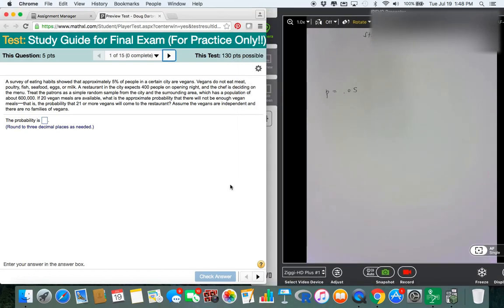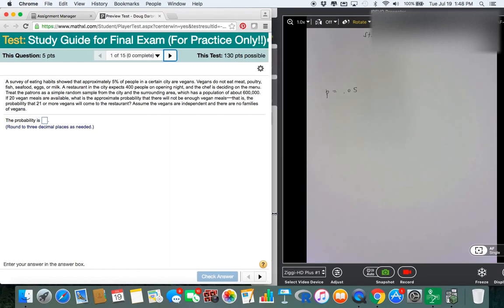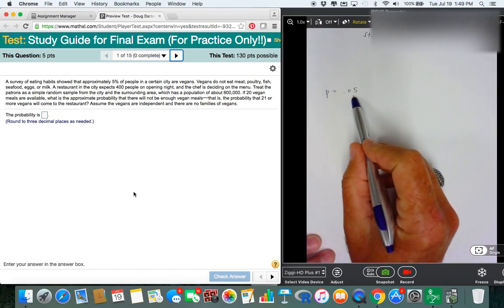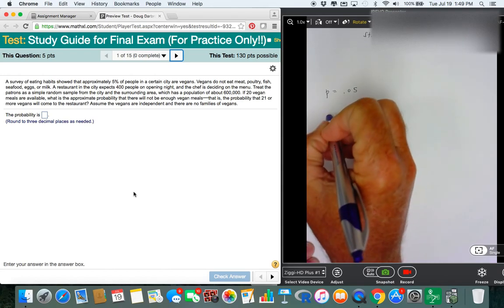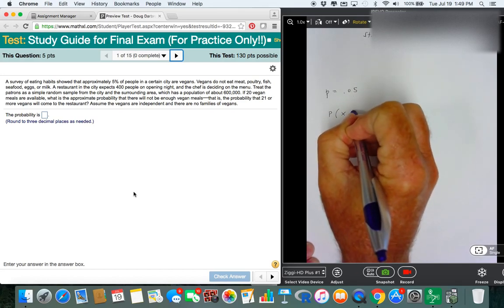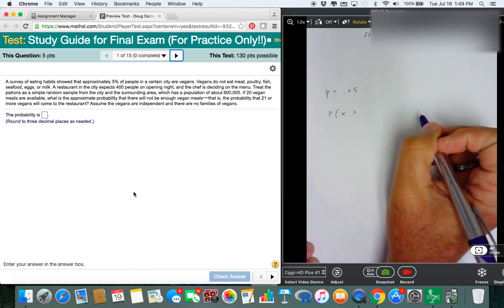Okay, so when I read this problem, I see that the description of my population is 5%, so I have 0.05, and it looks like they're expecting 400 people on opening night, and they're wanting the probability that X is greater than or equal to 21 out of 400.